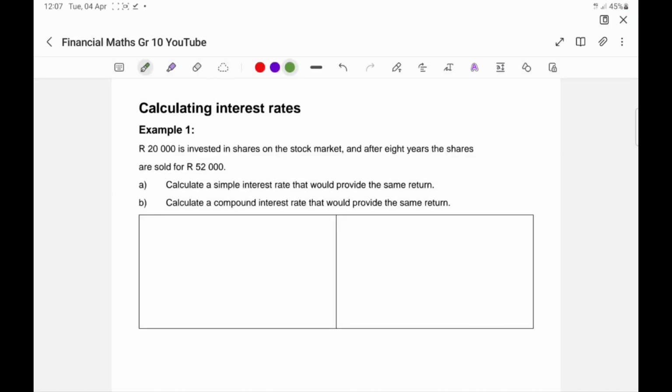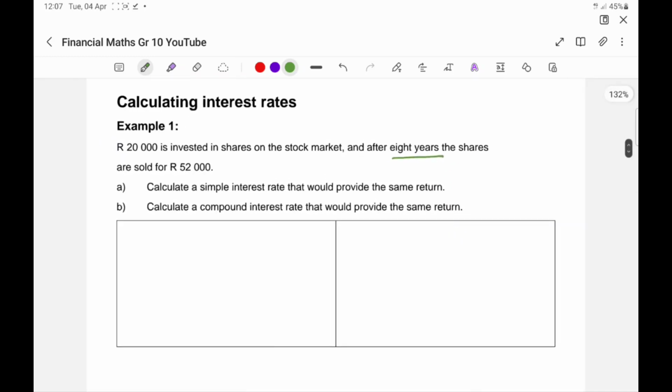Let's look at calculating the interest rate. So let's look at what has been given. 20,000 Rand is invested in shares on the stock market, and after 8 years, the shares are sold for 52,000 Rand. Calculate the simple interest rate that would provide the same return, and calculate the compound interest rate.